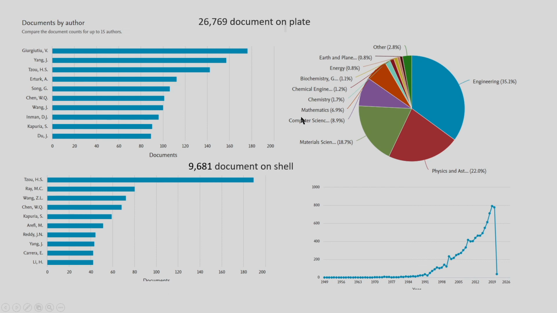If we look at the published papers in this field, you see that 26,000 articles are published on plates, and you can see here the top authors who have published in this field of piezoelectrics, like Yang, Zhao, Song, Wang, Professor Kapuria. Professor Kapuria from IIT Delhi has worked on this field, and a lot of articles have been published by him.